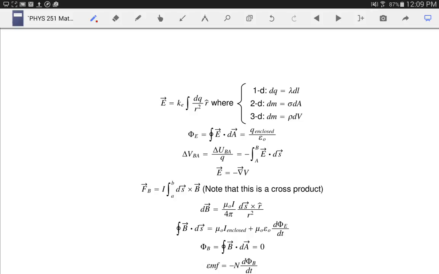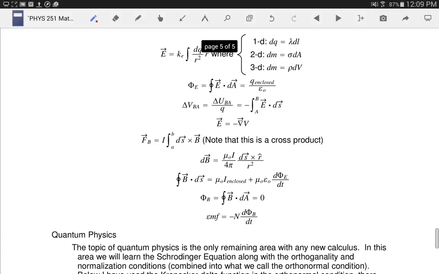So since that's dA, it's going to be an integral over a closed area with no holes in it. We also have an integral here that's ds. That's going to be an integral of a line that comes back and loops on itself. So that's what the circle means, that it's over closed space. Things get really fun with the Biot-Savart Law. Biot-Savart Law has an integral with a cross product.